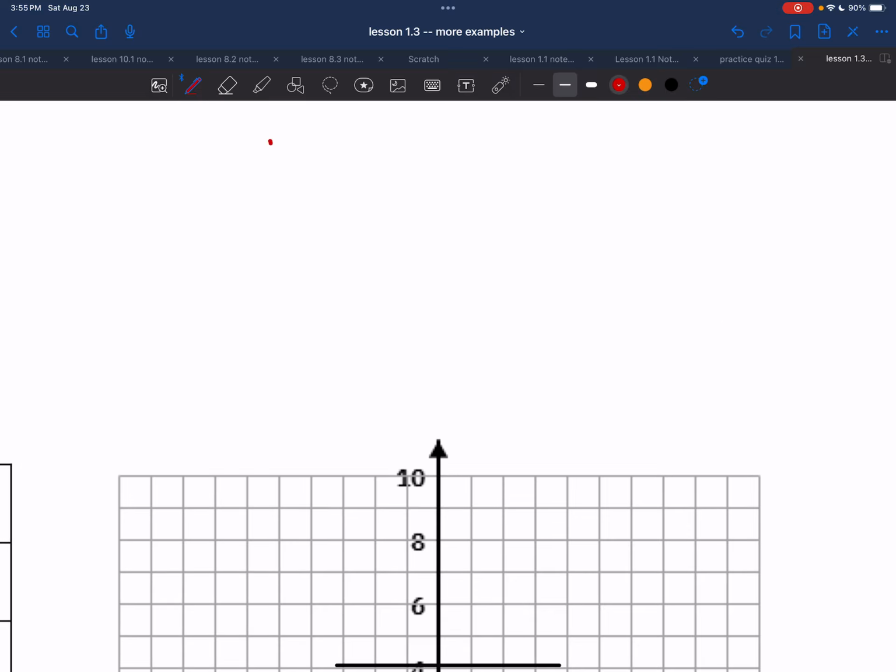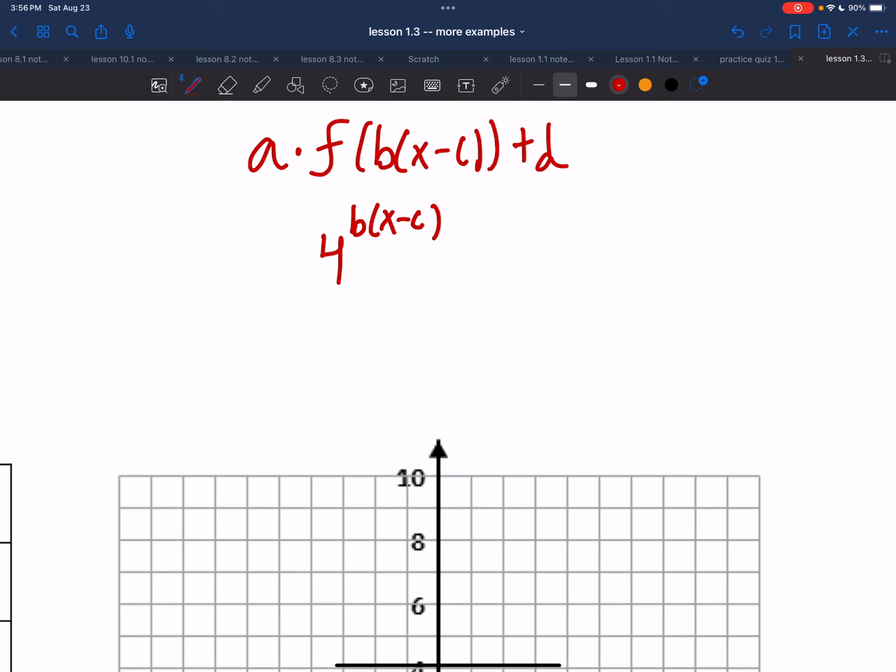Okay, well, let's start off with the same situation. I'm going to write the general function format of transformations again, but for an exponential function in base 4. So the base is 4, the power is x, but x is the input, and the input is b times x minus c.